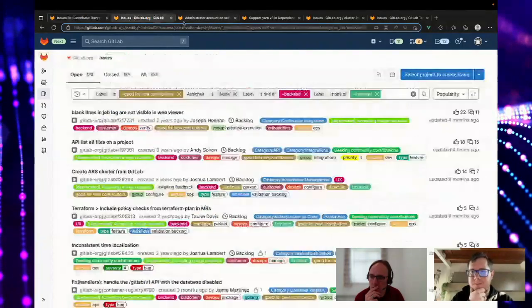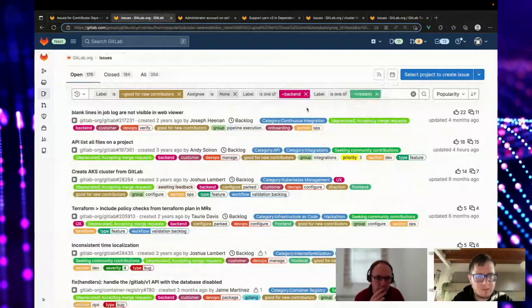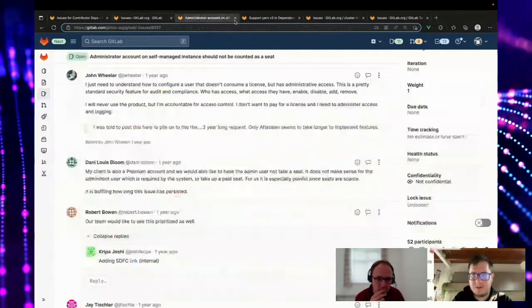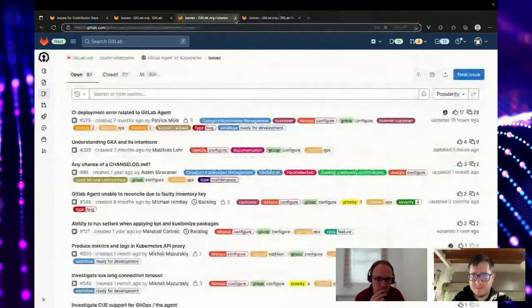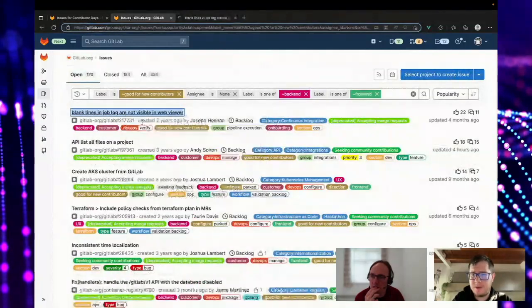Okay, so good for new contributors. Sorting by popularity, we have three again. Blank lines in job logs are not visible in web viewer.